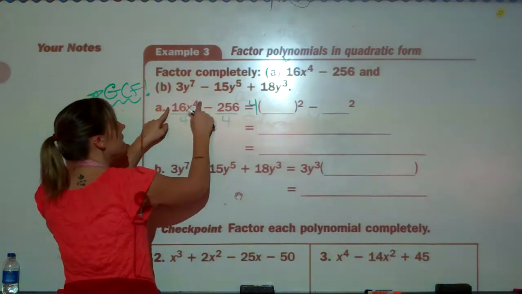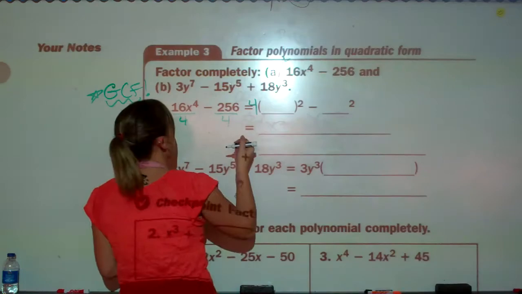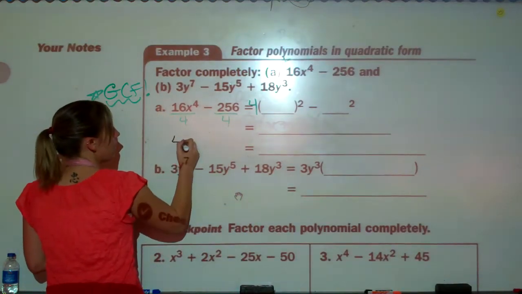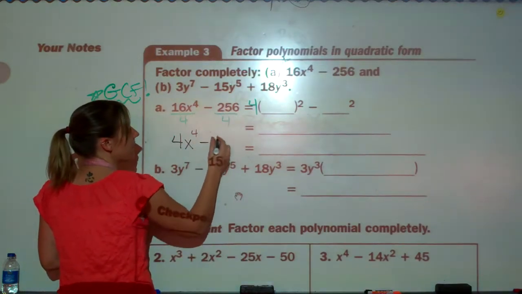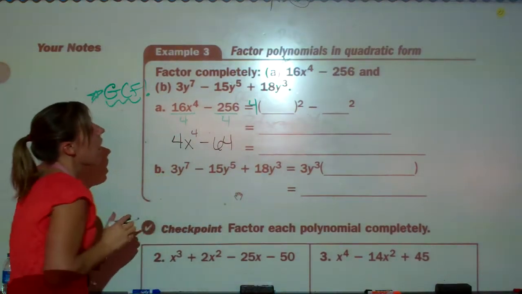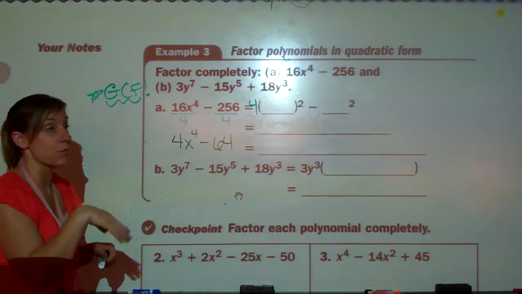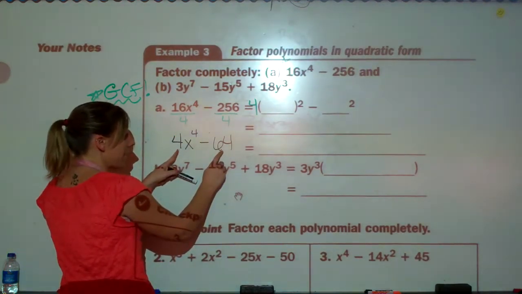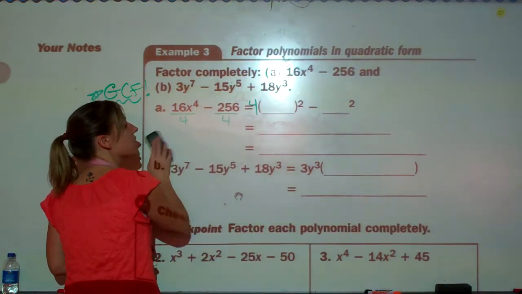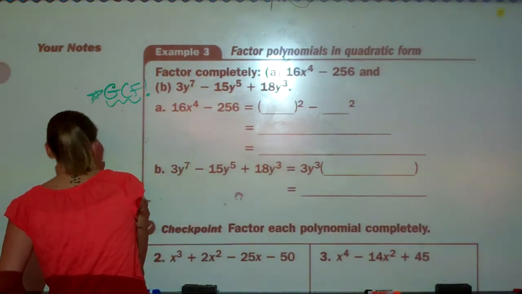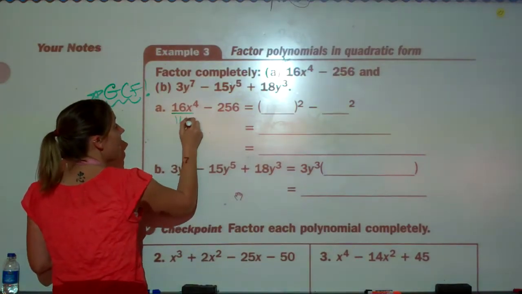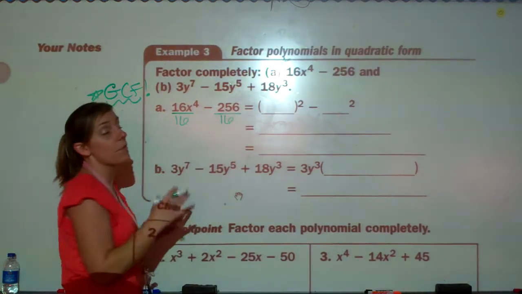Okay, so 16x to the 4th divided by 4 is 4x to the 4th. And then 256 divided by 4 is 64. Oh, so actually, we're going to make this way easier. So you could divide that again. So the GCF isn't 4. The GCF is actually 16.